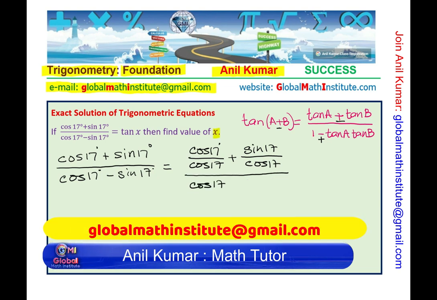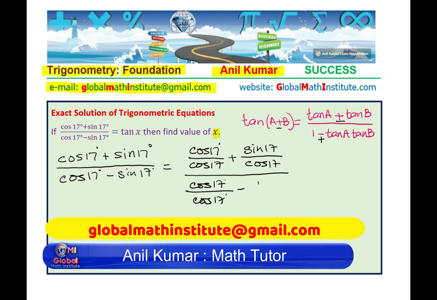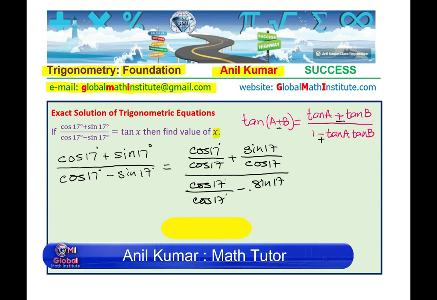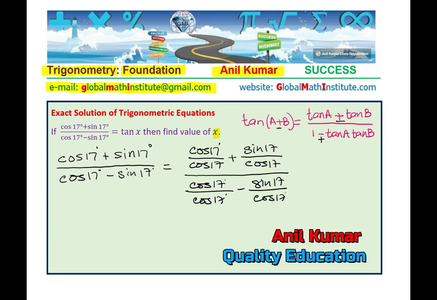Easy connection when you see what you want to derive. Now, this can be simplified as 1 plus tan 17 degrees over 1 minus tan 17 degrees. Still, we are not quite there.